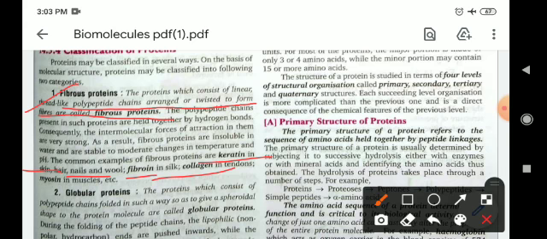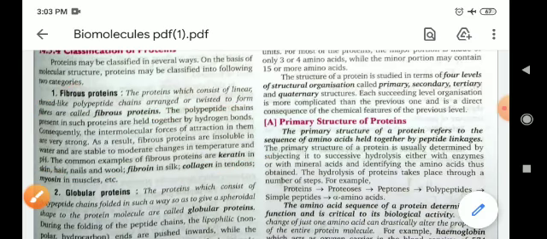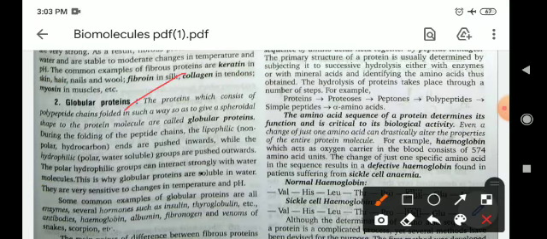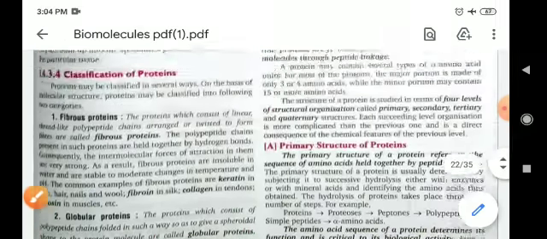These are the proteins which are known as fibrous proteins. Globular proteins: the proteins which consist of peptide chains folded in such a way as to give a spheroidal shape to the protein molecule are called globular proteins. For example, enzymes and hormones are examples of globular proteins.